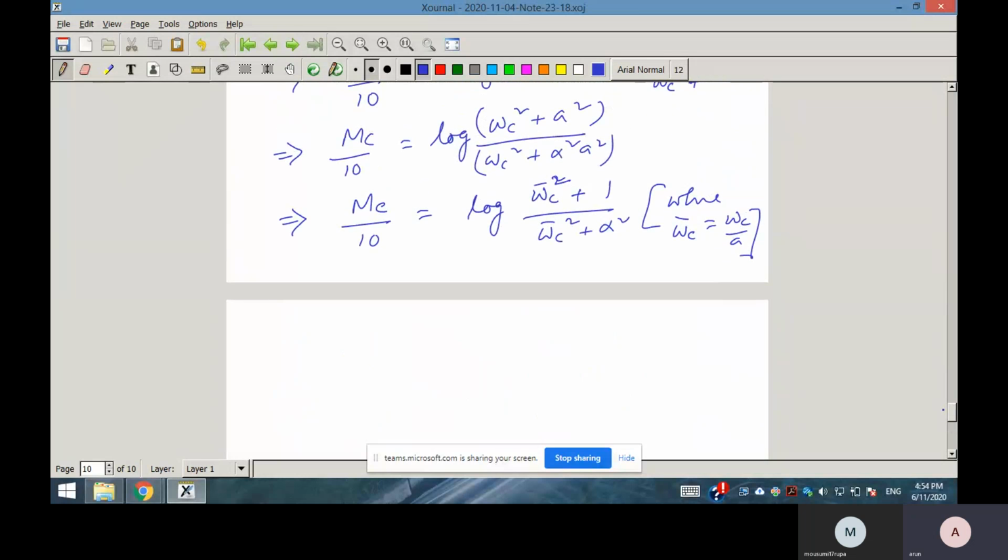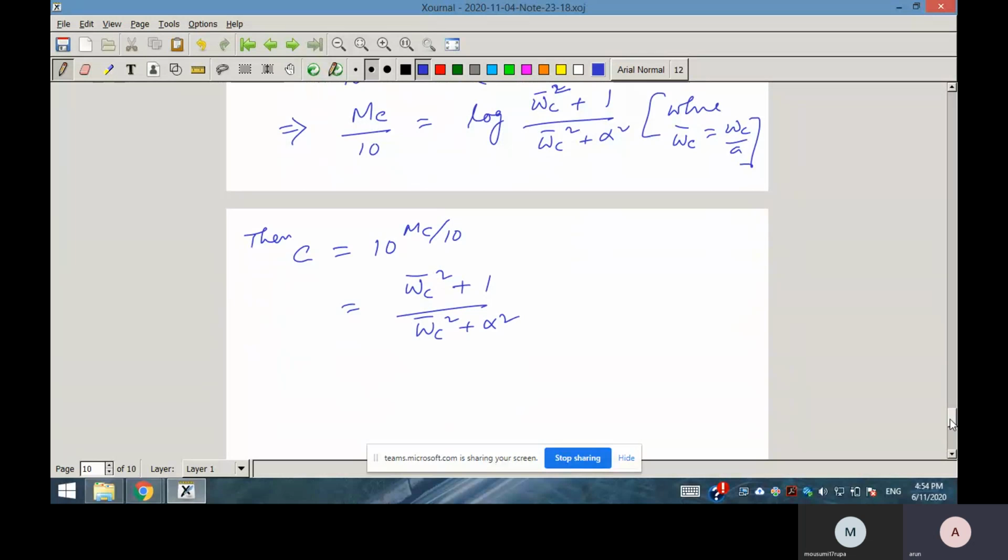Then C, I have defined earlier in case of lag, lead, all the controllers, as 10 to the power of Mc by 10. Here Mc is negative, Mc attenuation means negative. So from this equation, C will be just omega c bar square plus 1 divided by omega c bar square plus alpha square. So this is about your C.